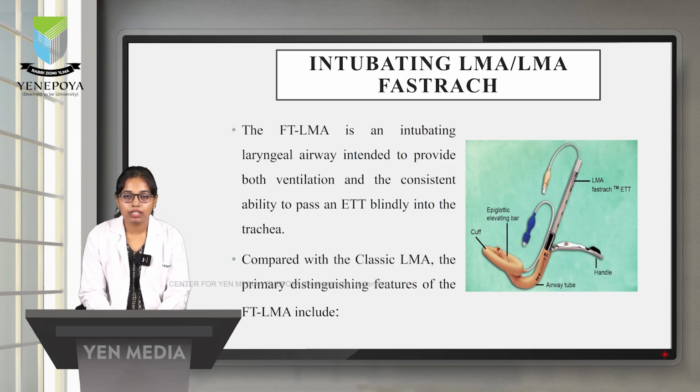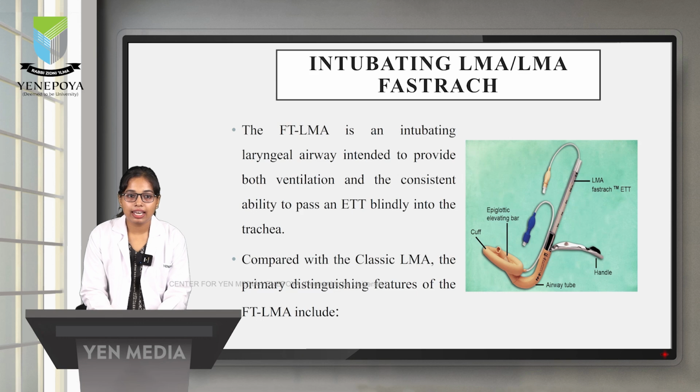Intubating LMA, also called the fast track LMA. The intubating LMA is a laryngeal airway intended to provide both ventilation and the ability to pass an endotracheal tube blindly into the trachea.